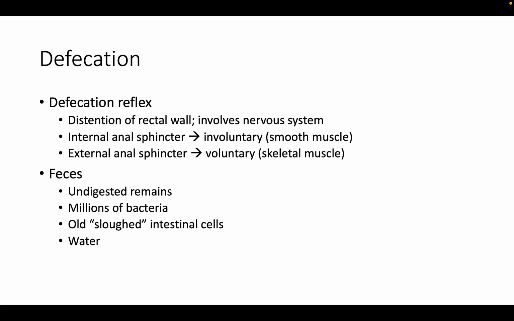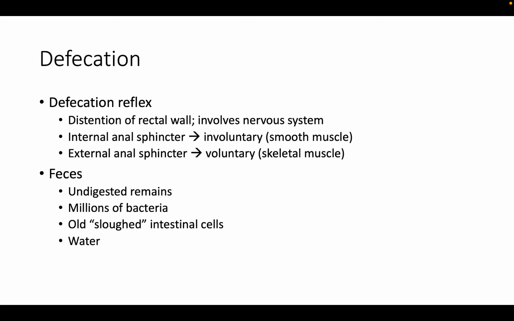Feces is composed of undigested food residue, unabsorbed digested substances, millions of bacteria, old epithelial cells from the GI, or gastrointestinal, mucosa that just get sloughed off, inorganic salts, and enough water to let it pass smoothly out of the body. Of every 500 milliliters of food residue that enters the cecum each day, about 150 milliliters become feces, so about a third become feces.